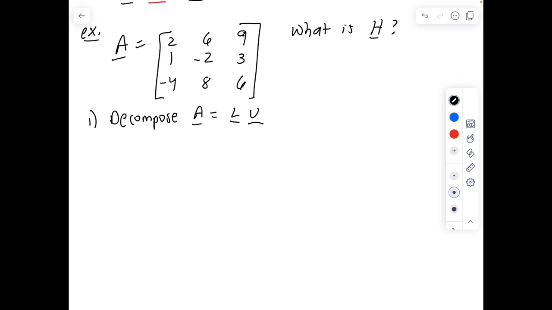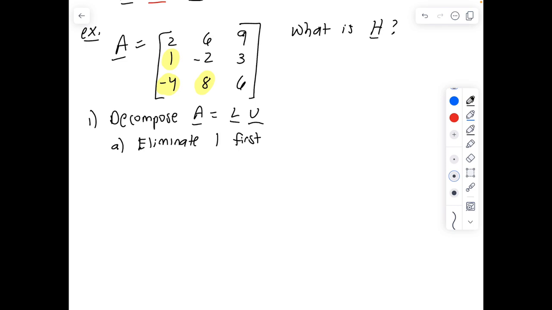So let's eliminate, so first we'll say part A, eliminate. What we would like to eliminate are these three elements. So we'll go ahead and eliminate the 1 first. And note that we wouldn't pivot here because I'm asking specifically, what is the inverse of A?